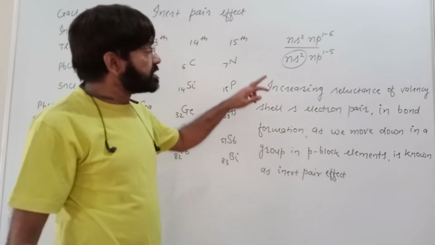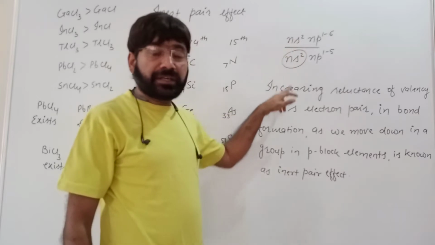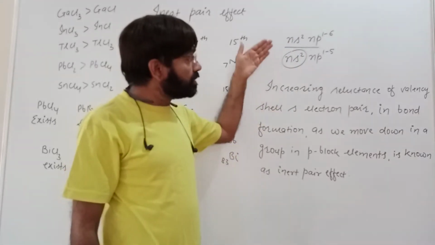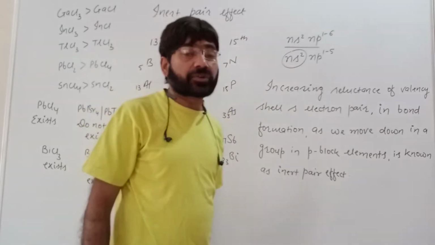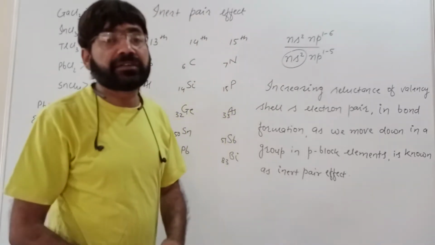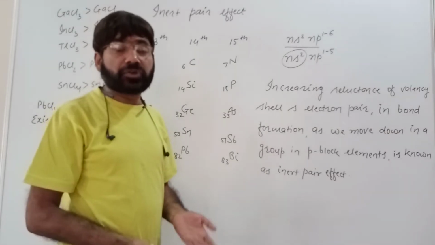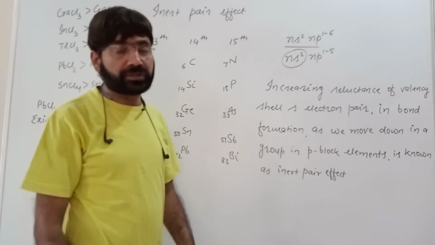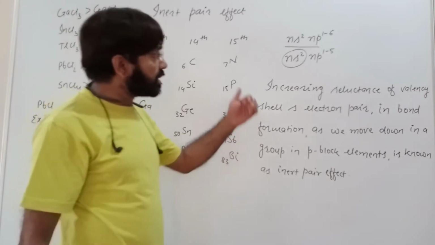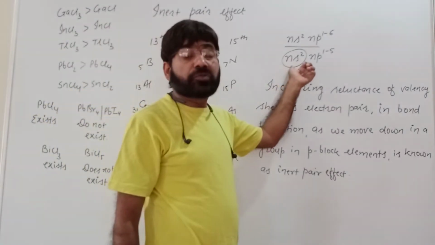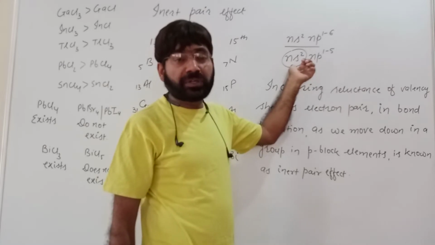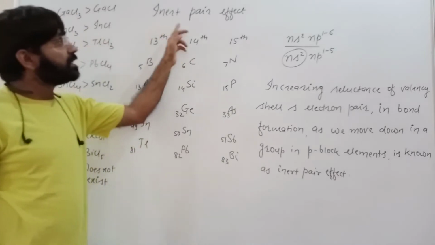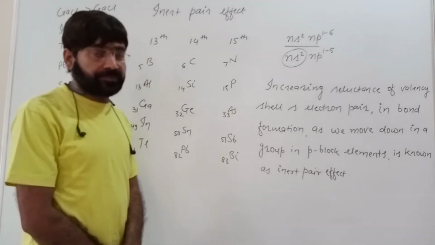As we move down in a P block group, the valency shell s electron pair is not interested in forming the bond, and this uninterest increases as we move down in a group. This reluctance of the s electron pair in bond formation as we move down in a group in P block is known as the inert pair effect.